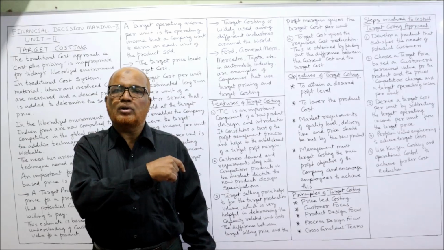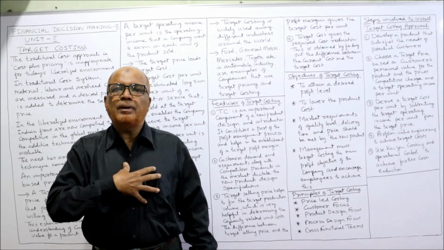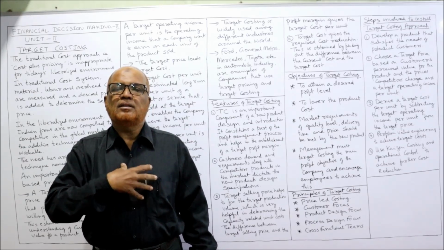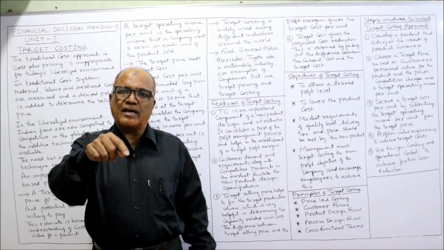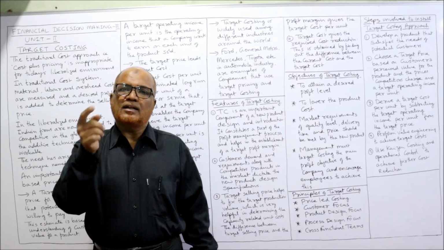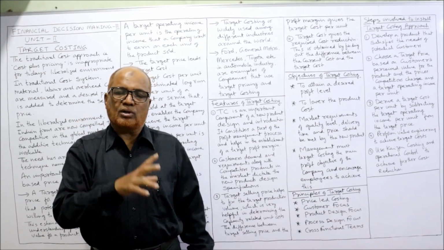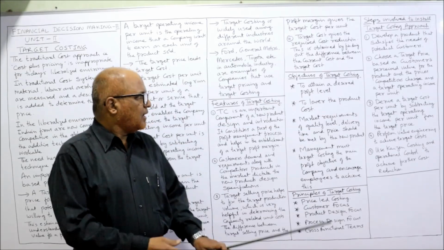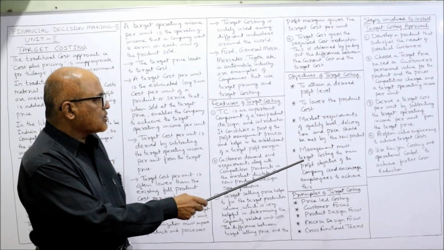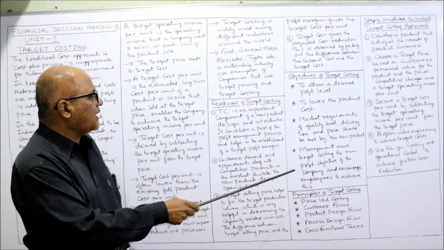So if we follow target costing, we can meet the requirement of the customers by selling the goods at the price, time and place at which they want.